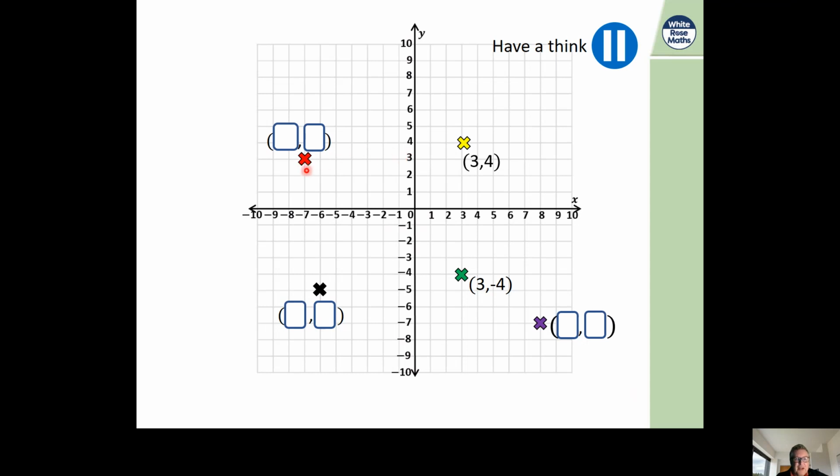Is it going to be 3, -7? So it's -7 first. It's the x first, then the y. Well spotted.